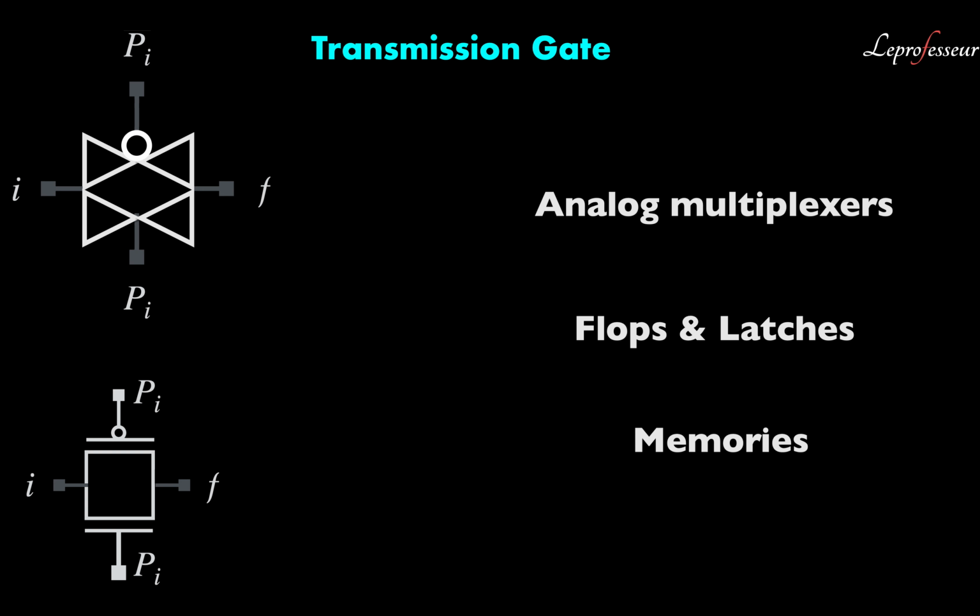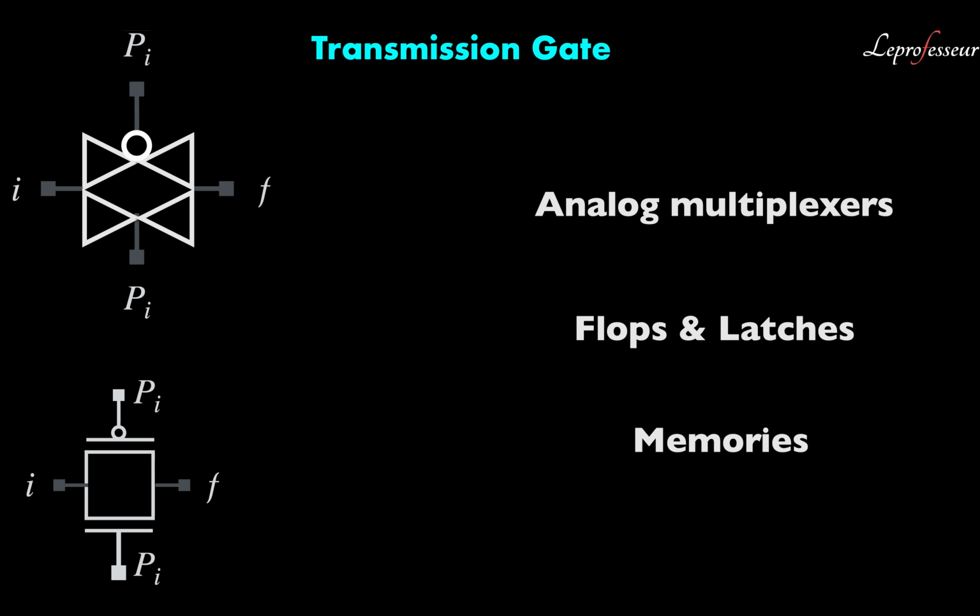Now let's look at some of the applications. Analog circuit designers use this heavily, they love this structure of the transmission gate. The fact is that the input can be analog in nature, not only digital.